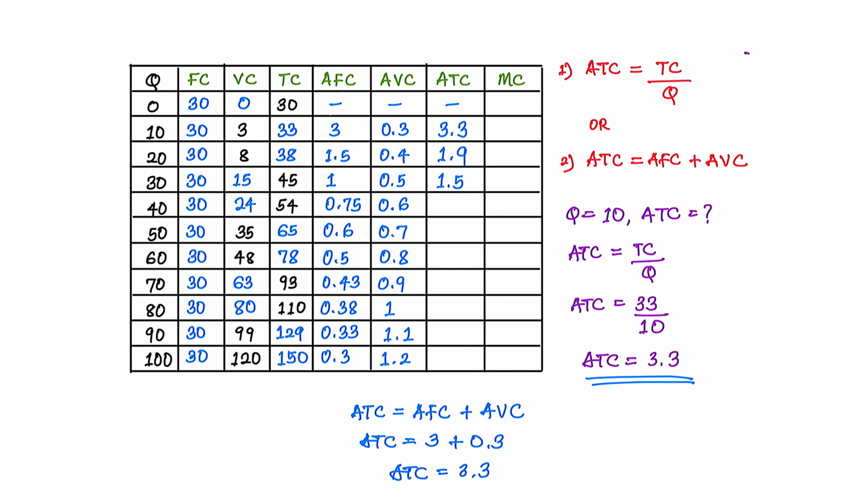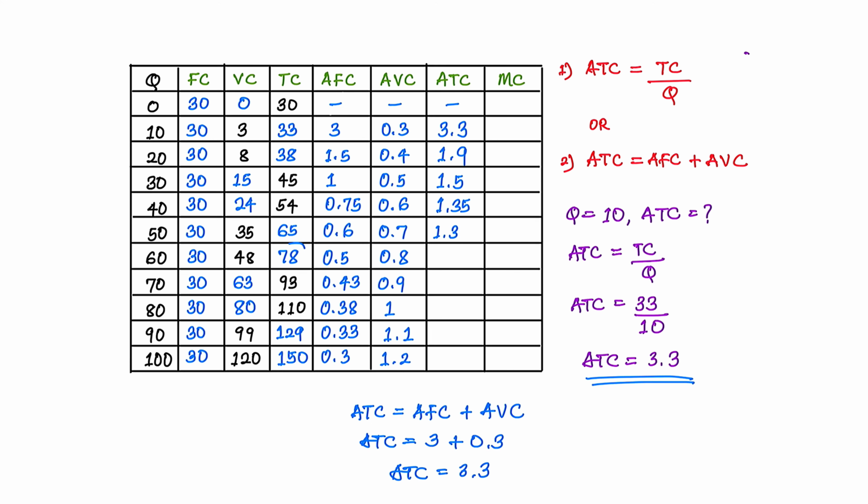Next, when output is 40, average fixed cost is 0.75, average variable cost is 0.6. The sum of 0.75 and 0.6 is 1.35. Next, the sum of 0.6 and 0.7 is 1.3. So average total cost is 1.3.